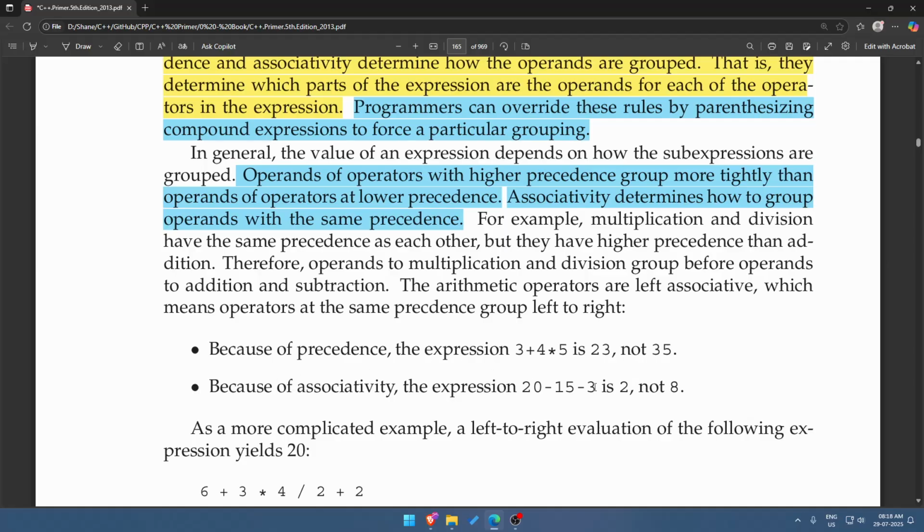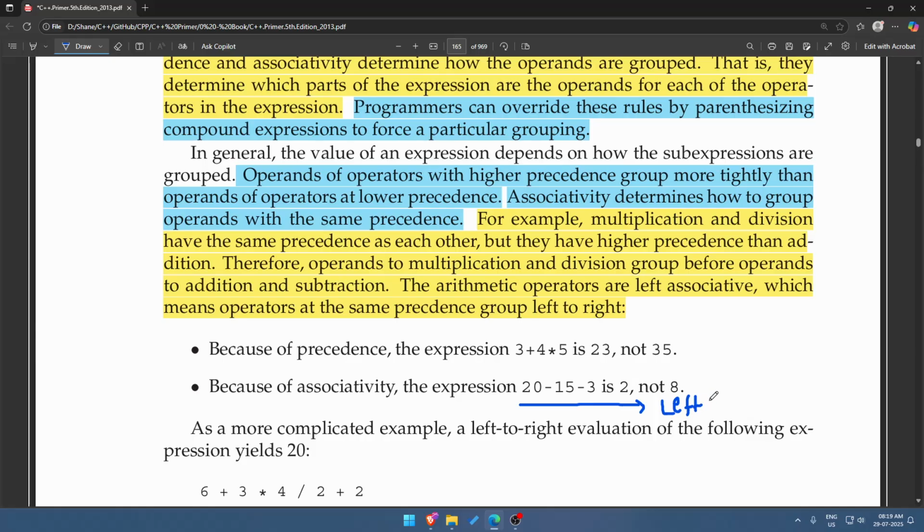Because of associativity, this is 15 minus 3 is 12, 12 minus 10 is 2. Left to right.